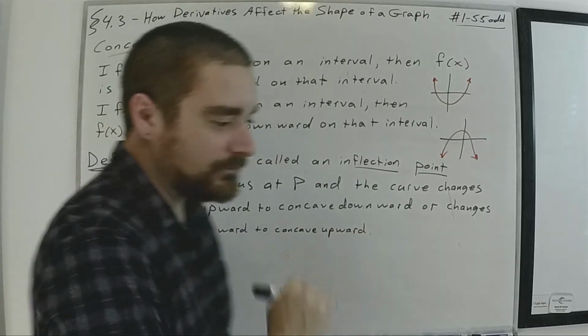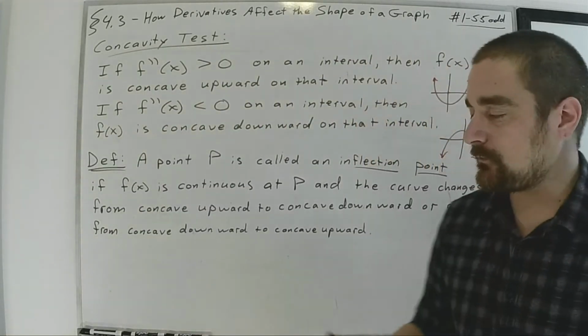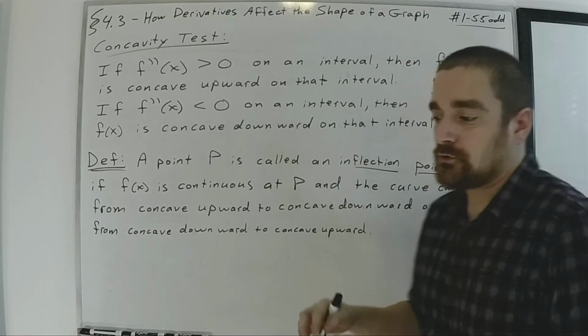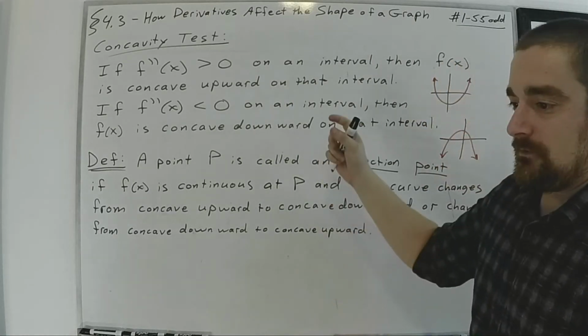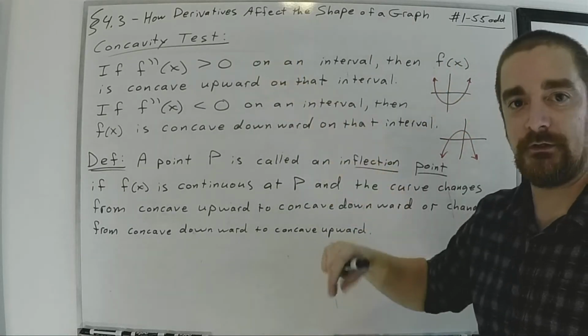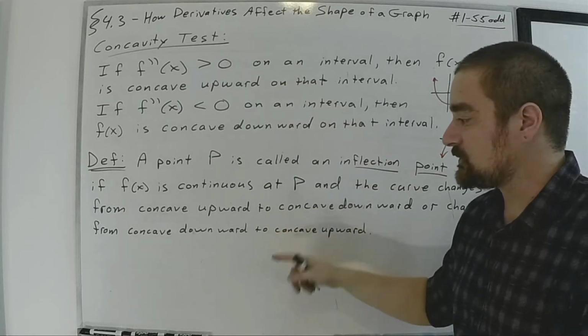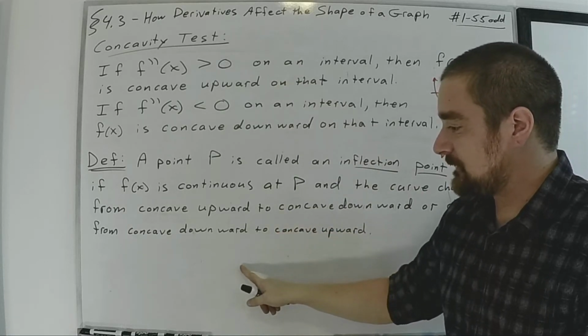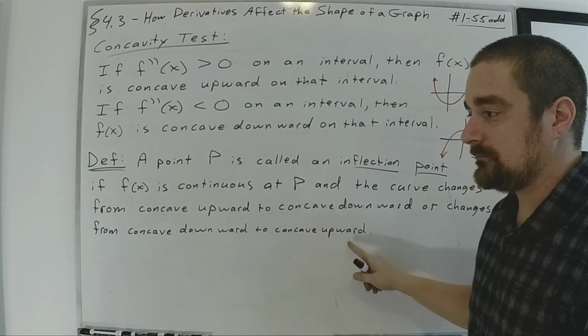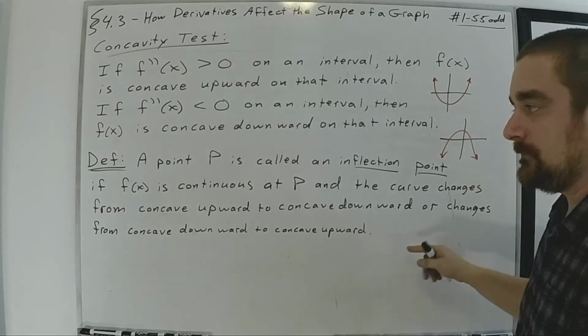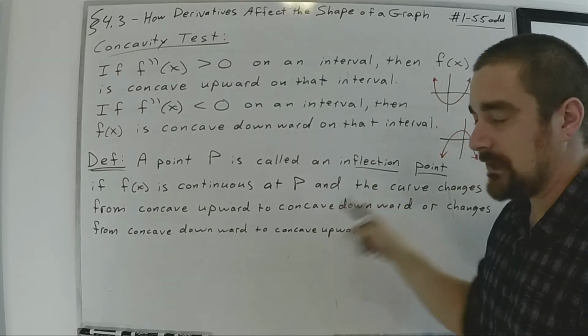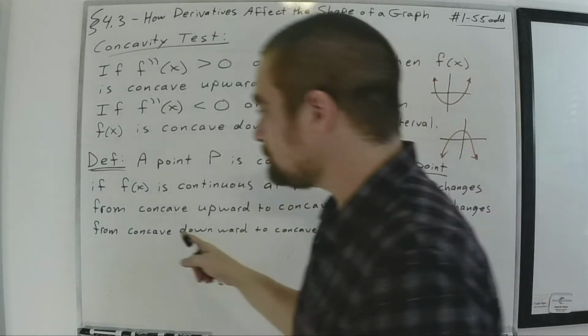And we'll notice when we do some of these first derivative tests, second derivative tests, you may run into a situation where you set the second derivative equal to 0, you see if you have any inflection points, and you might test it and find out that you have concave upward to the left and concave upward to the right. Then it doesn't fit the definition. We can't call that an inflection point.